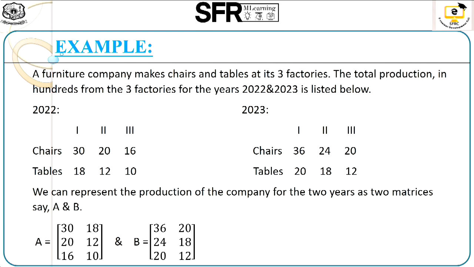So the second row is 20 and 12. The third factory produces 1600 chairs and 1000 tables, so it is given as 16 and 10. The matrix is represented by capital letter A. Similarly, the production in the year 2023 is represented by the matrix capital B.